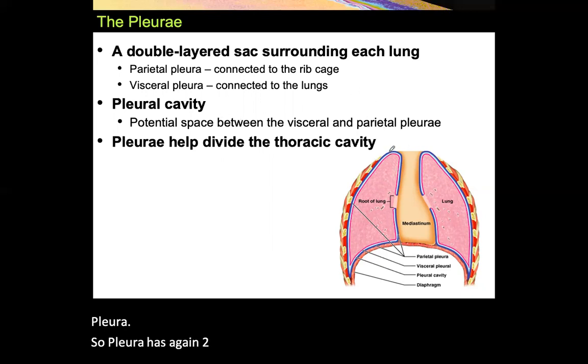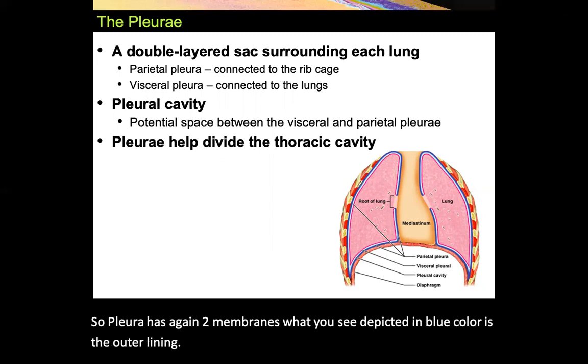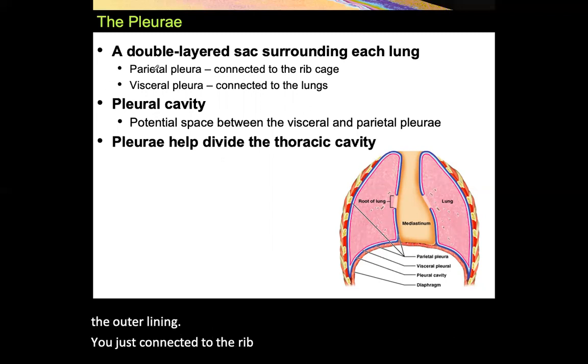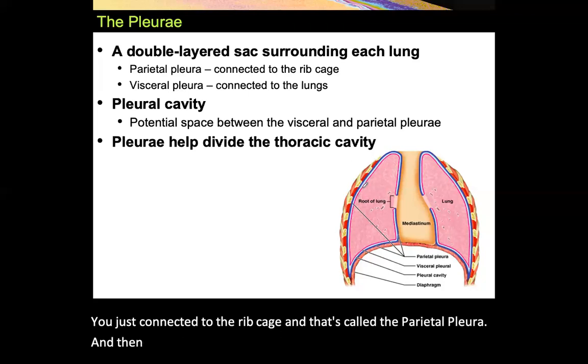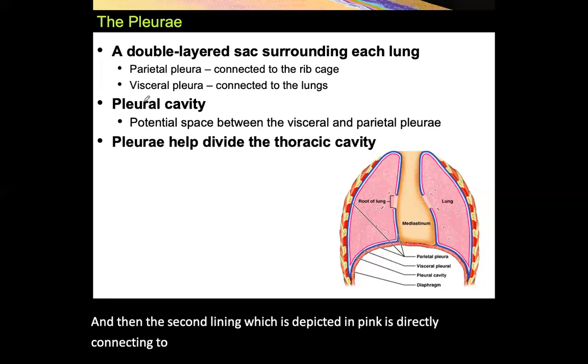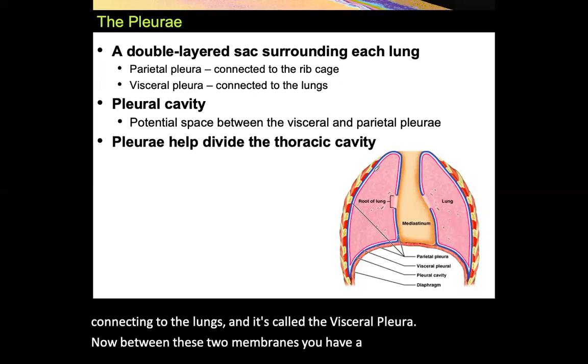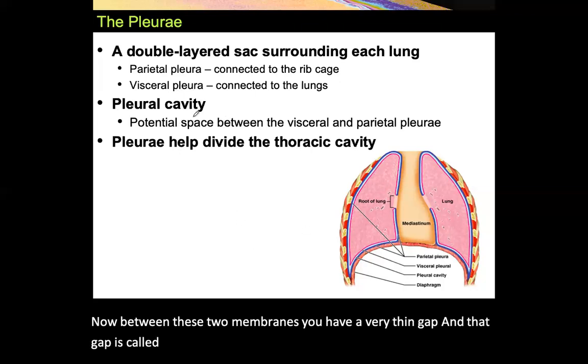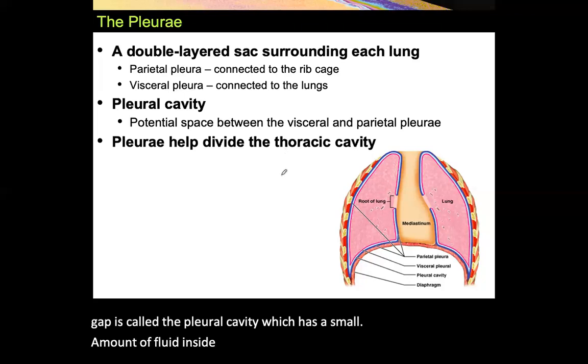What you see depicted in blue is the outer lining, which is connected to the rib cage, and that's called the parietal pleura. The second lining, depicted in pink, connects directly to the lungs, and it's called the visceral pleura. Between these two membranes, you have a very thin gap called the pleural cavity, which has a small amount of fluid inside called the pleural fluid or serous fluid.